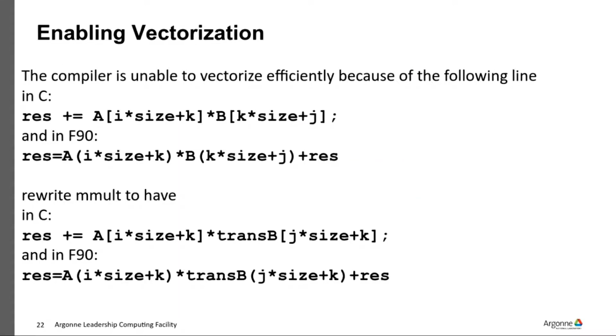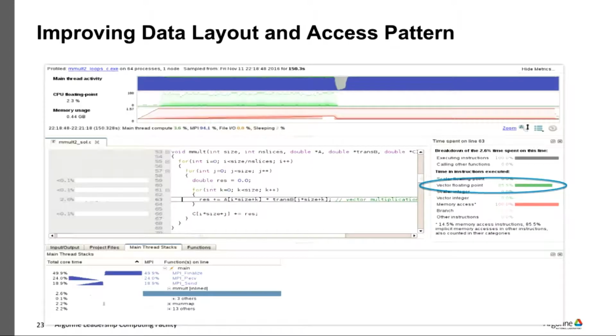One solution to address this problem is to reorder the loops, and instead of multiplying by B, to multiply by the transpose of B, incrementing the K element. Just by making that small change, we can see that the line of code which took over 50% is now down to 2%, and it now uses vector floating point instructions.